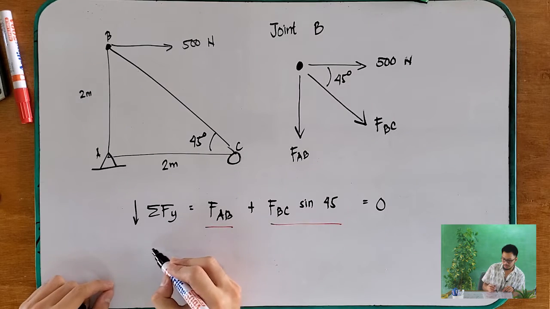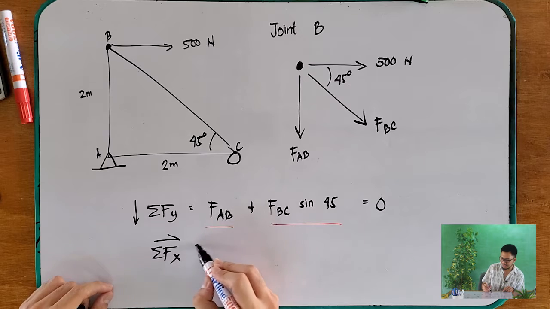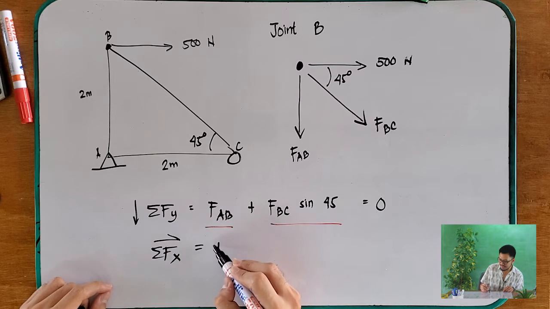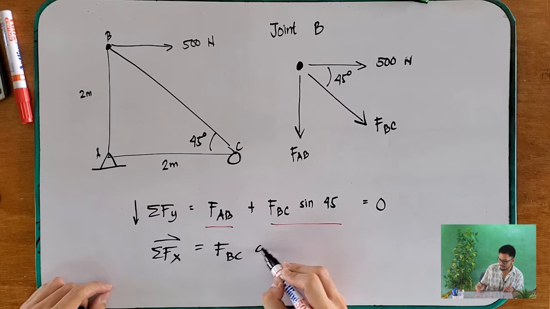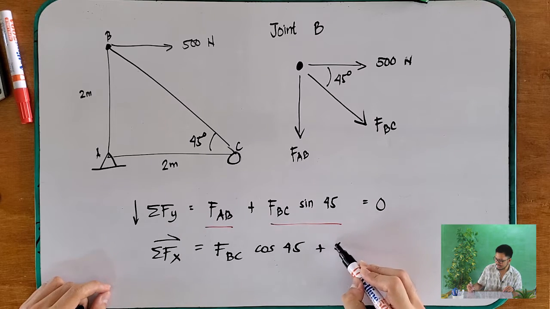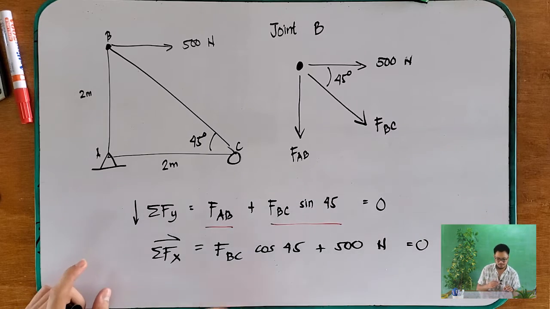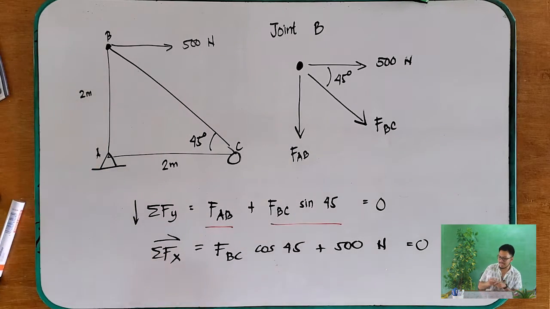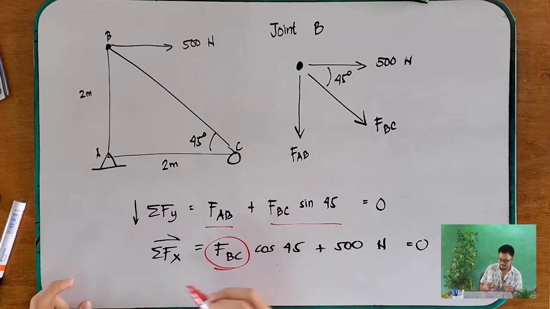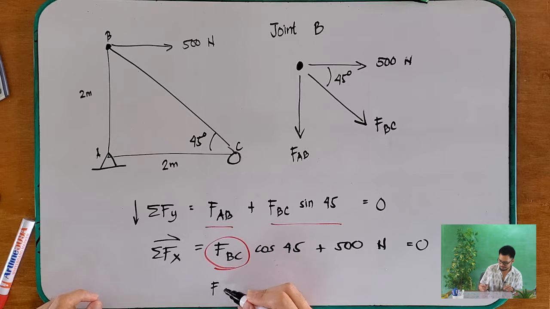But if you're going to use summation of forces along the x, positive dira, then you have this FBC cosine of 45 plus 500 newtons equals to 0. So in this case, you only have one unknown and you can solve for FBC here.